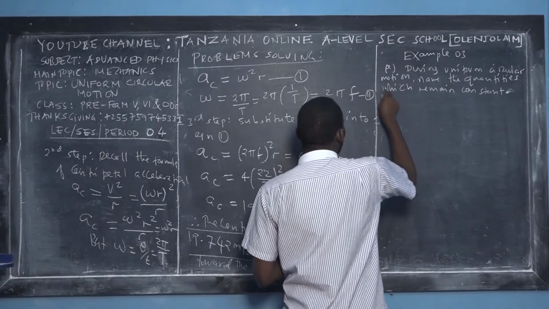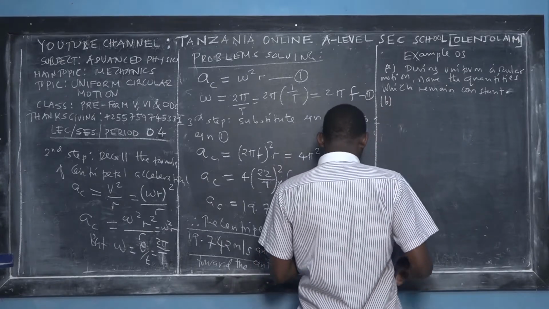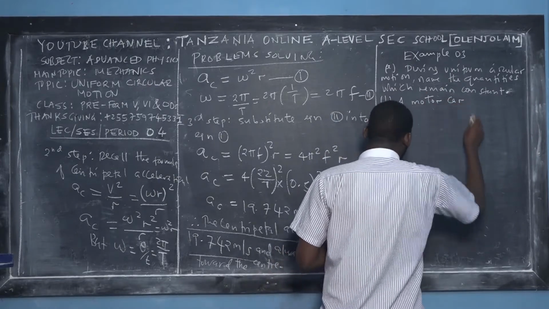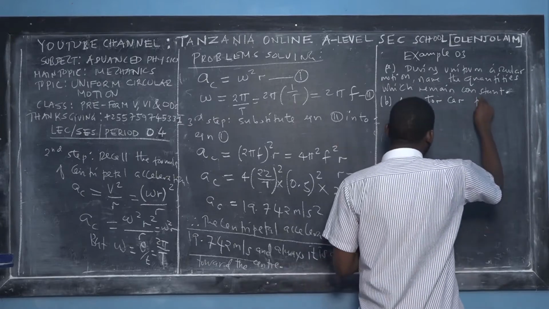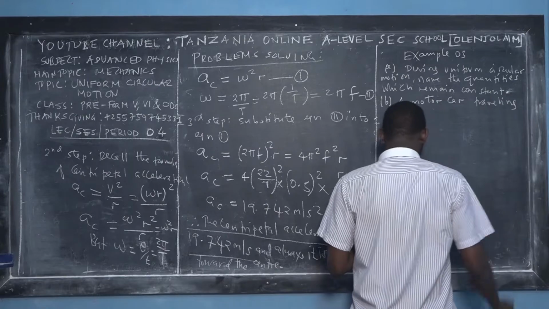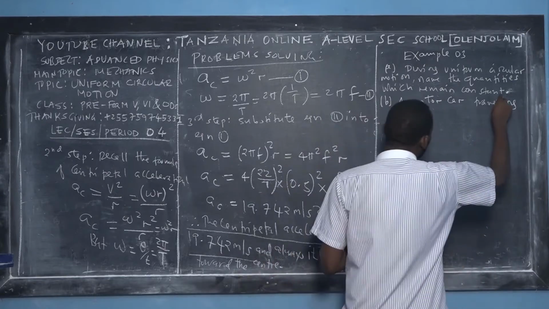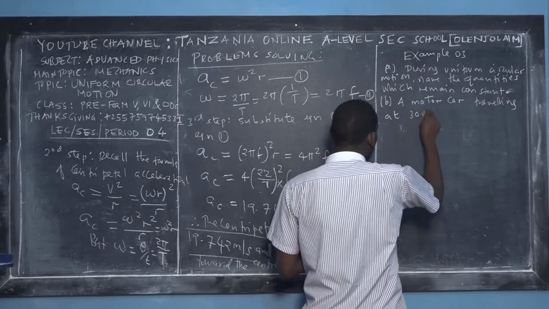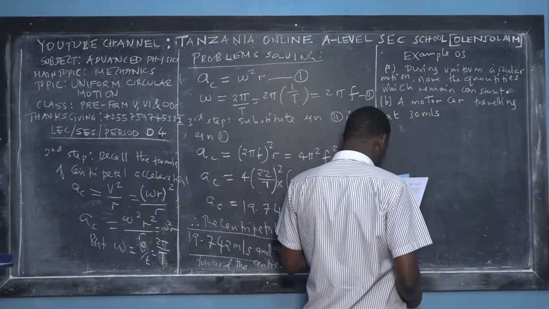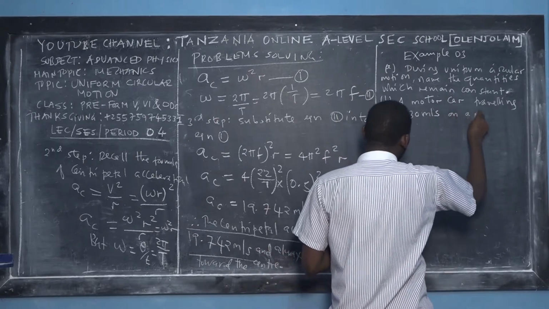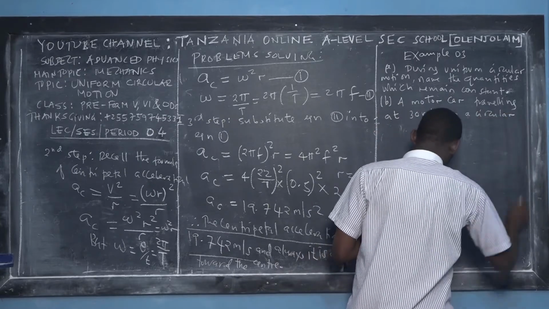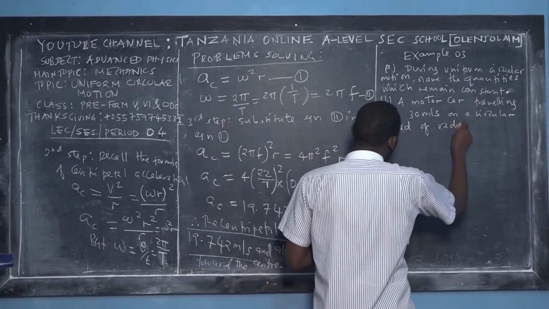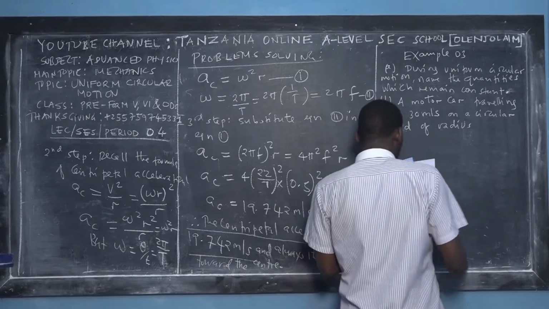Then here we are at B. A motor car traveling at 30 meters per second on a circular road of radius 500 meters.